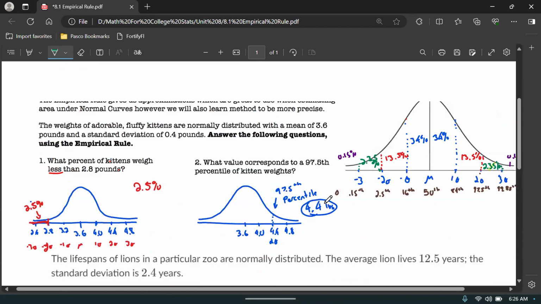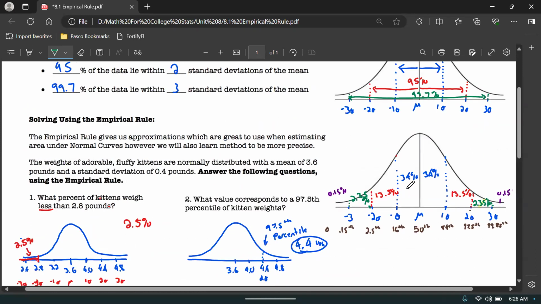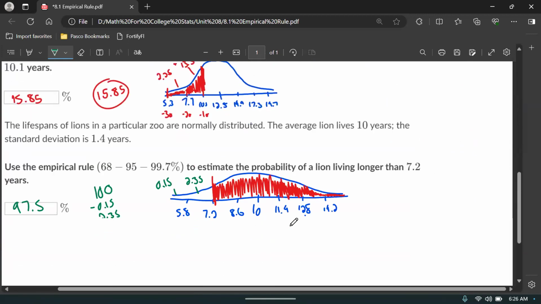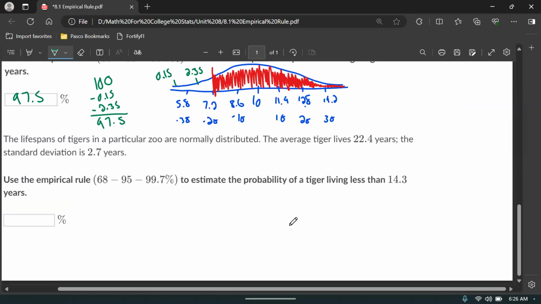Or, like I said, instead of subtracting these two, you can just add up all of these: from 13.5 to 34 and 34 to 13.5 to 2.35 to 0.15. You can add up all of those if you want, or just take 100 minus these two, which is what I did. All right, one more.